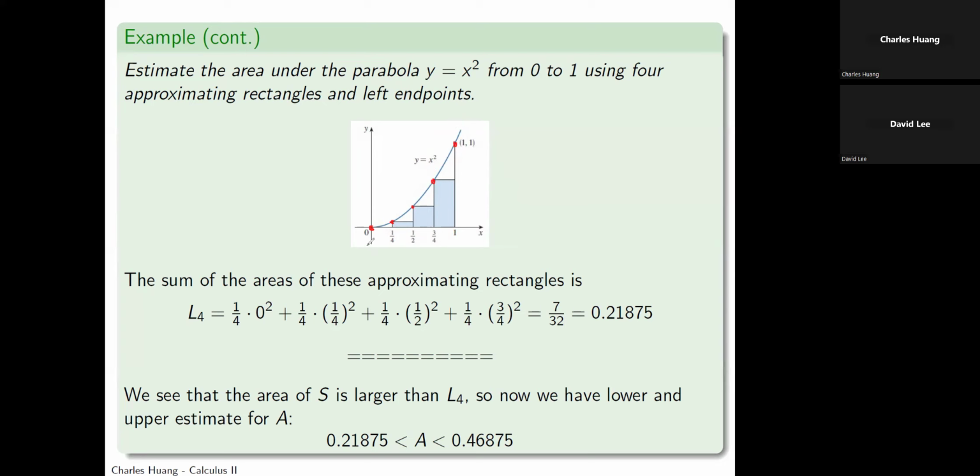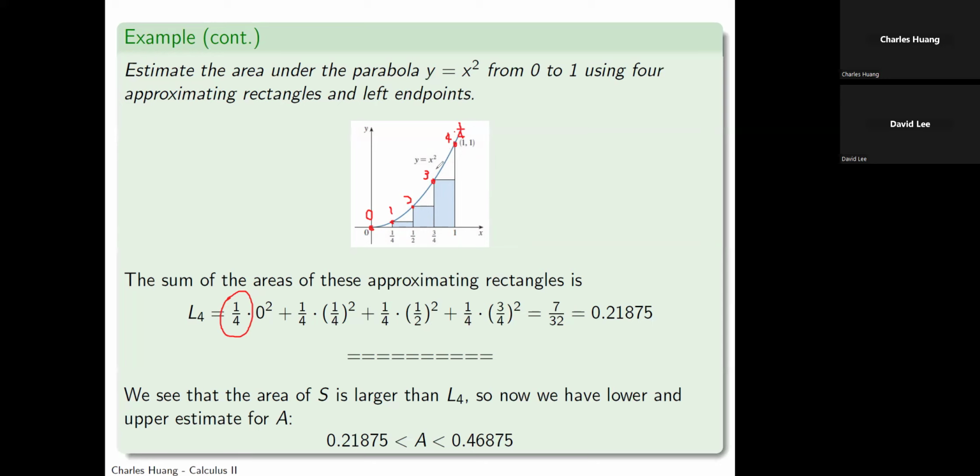By convention, we like to call this one the zeroth point, the first point, the second point, the third point, the fourth point. The reason why we do that is because if each rectangle has a width of 1/4, then of course this one over here is at a location of 1/4 times 4.